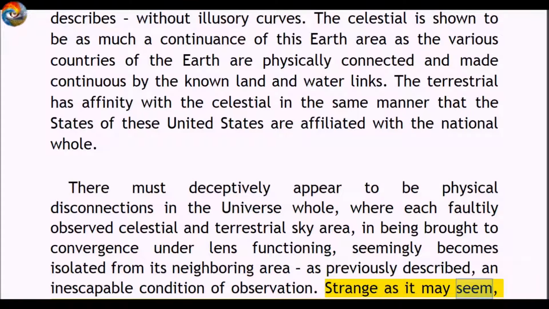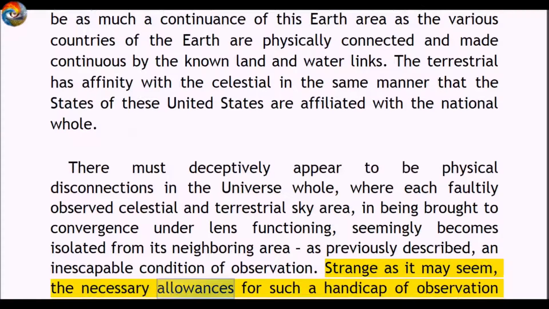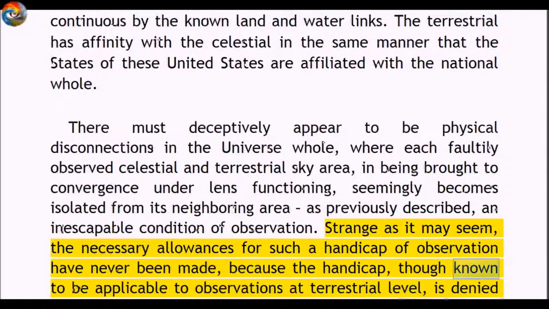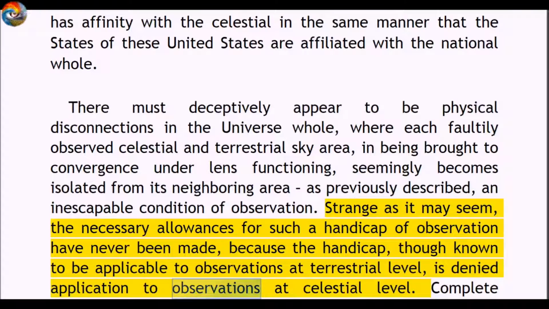Strange as it may seem, the necessary allowances for such a handicap of observation have never been made, because the handicap, though known to be applicable to observations at terrestrial level, is denied application to observations at celestial level.